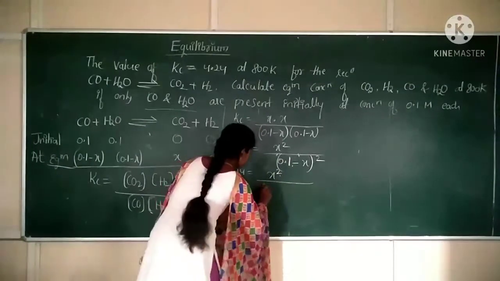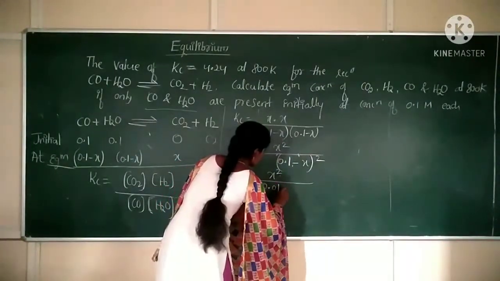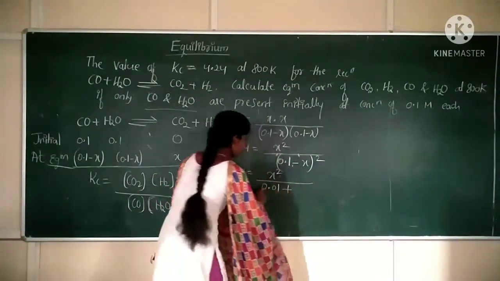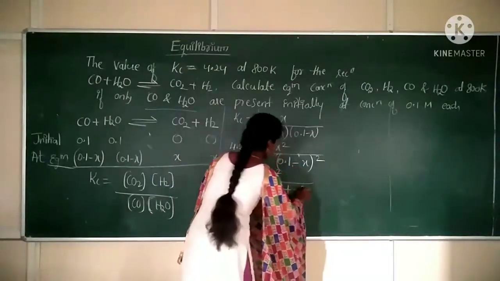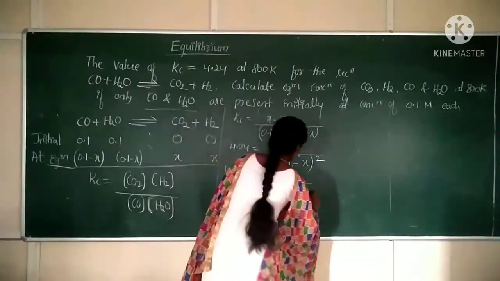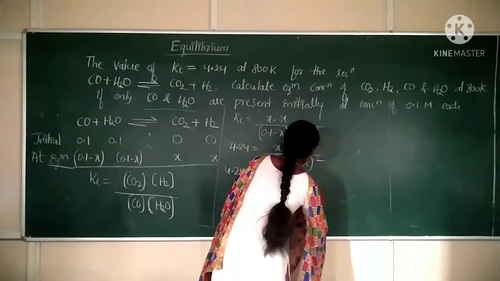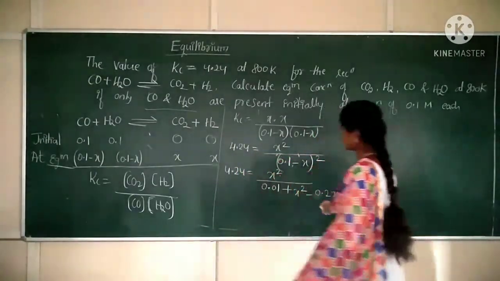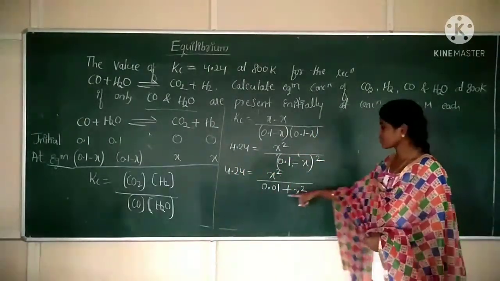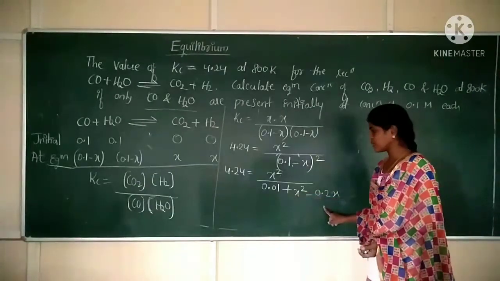Expand it: 0.01 plus x square minus 0.2x, that is a square plus b square minus 2ab.